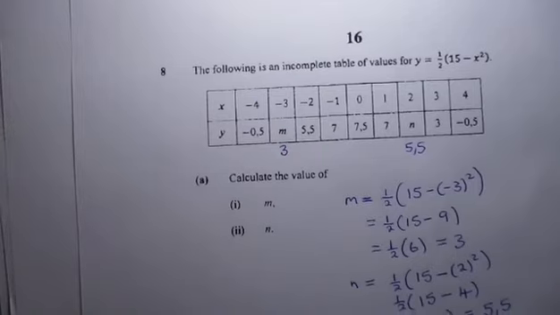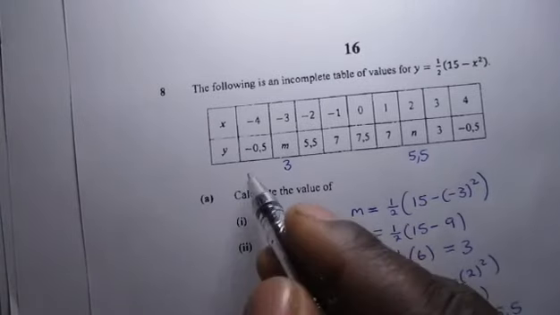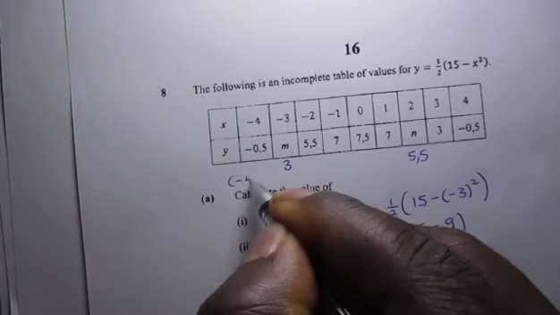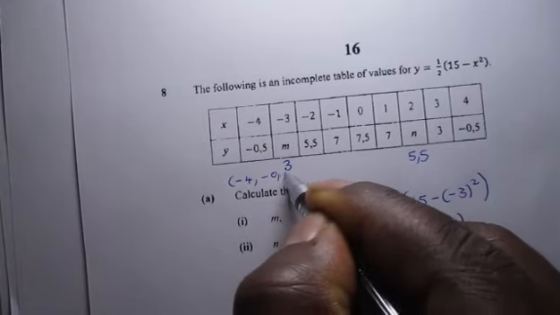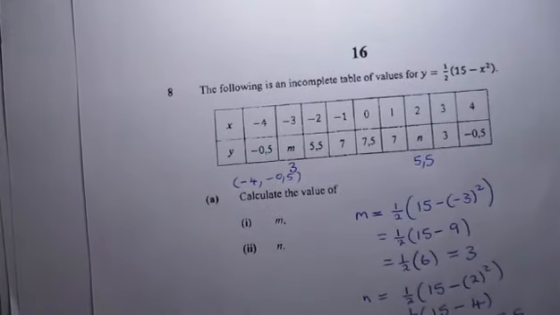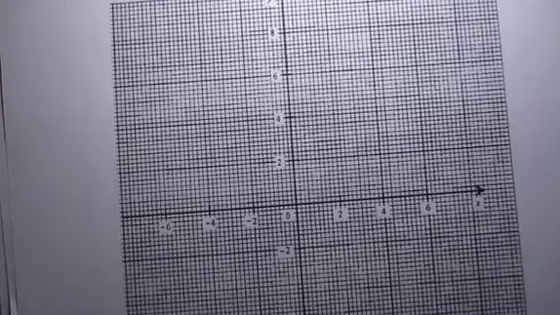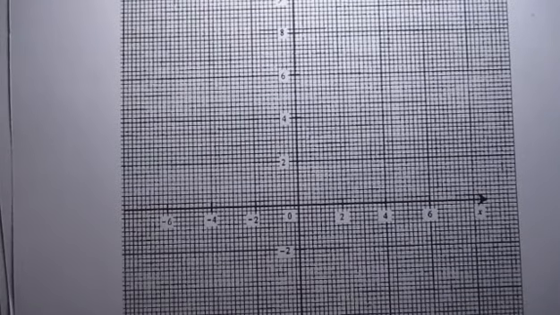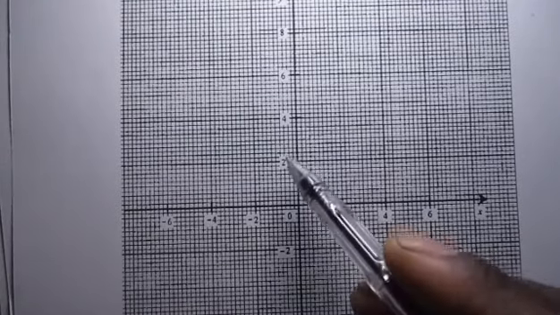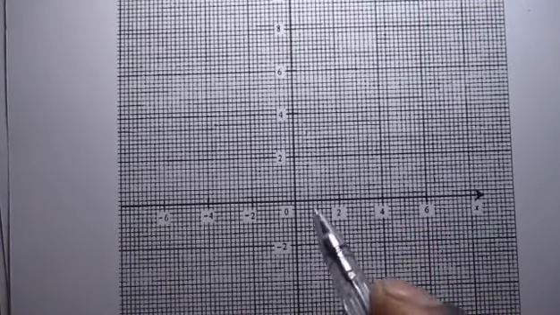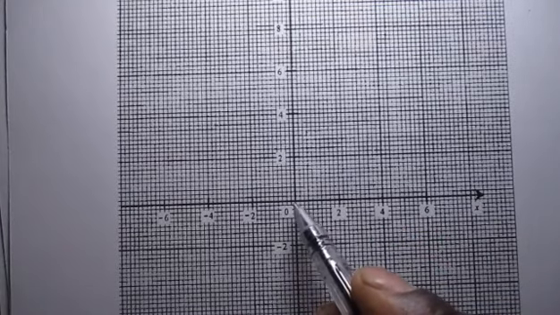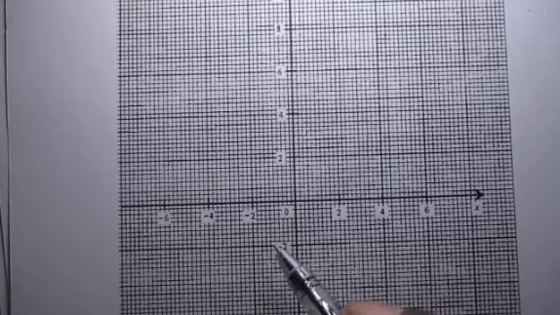The first point that we have is minus 4 for x and minus 0,5 for y. So you need to start your scale, right? If your scale is 2, 4, 6, it simply means that one small box represents 0,2, right?